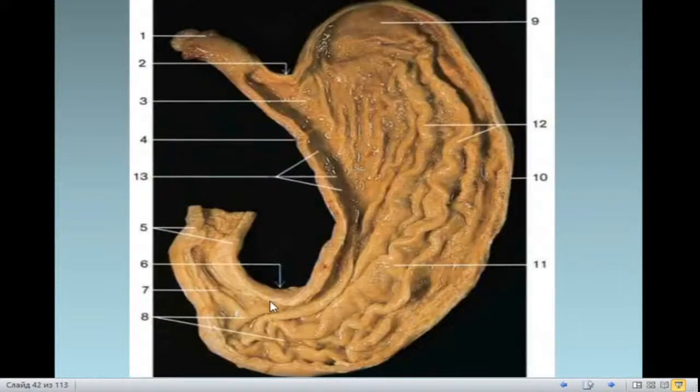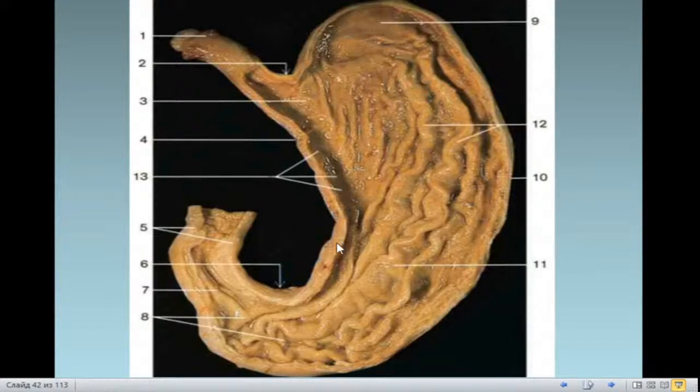The internal relief or landscape of the stomach looks like folding. These folds also have villi, and the flat portions are called areas. We call them plica gastricae and area gastricae.